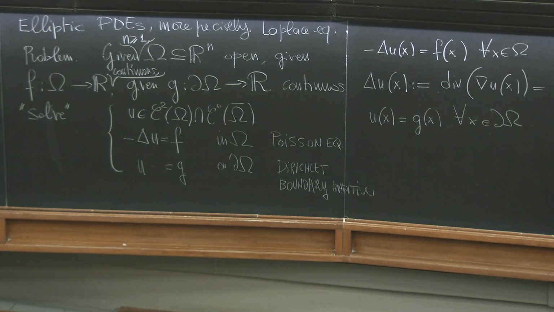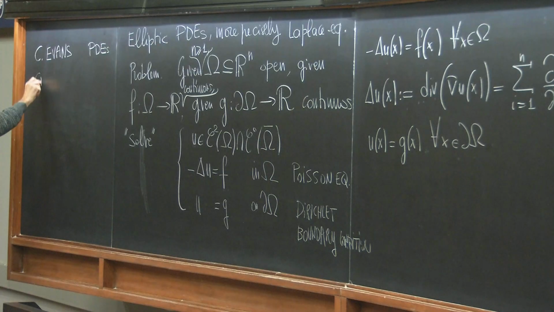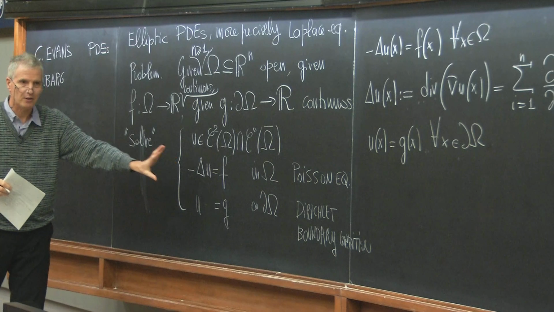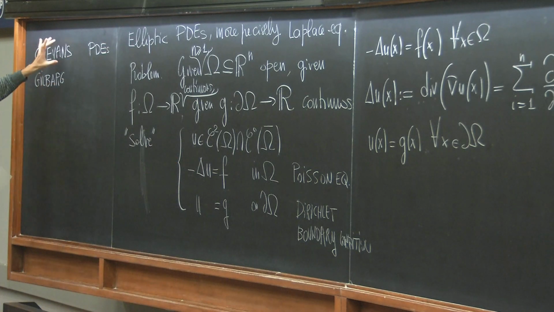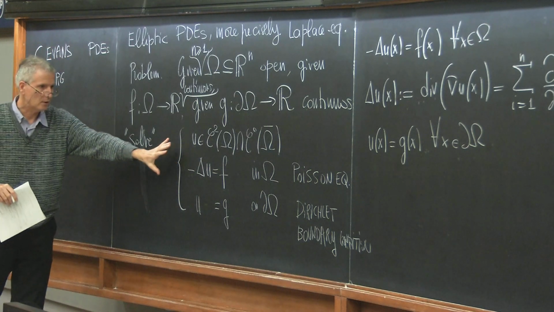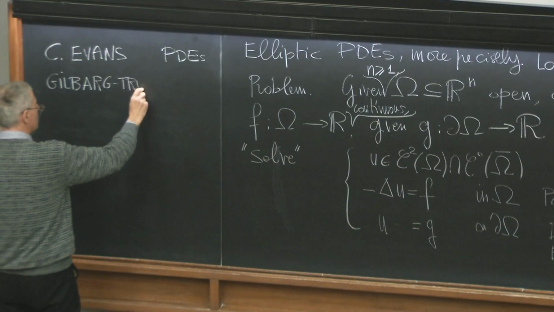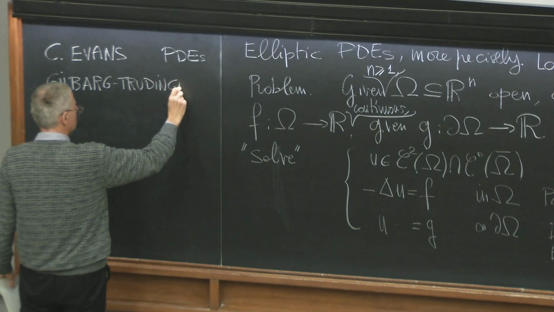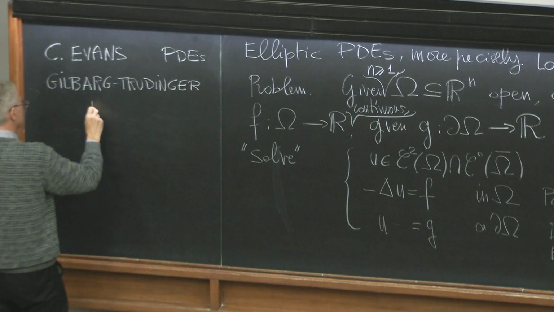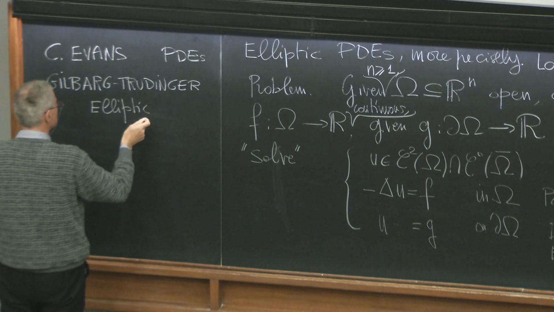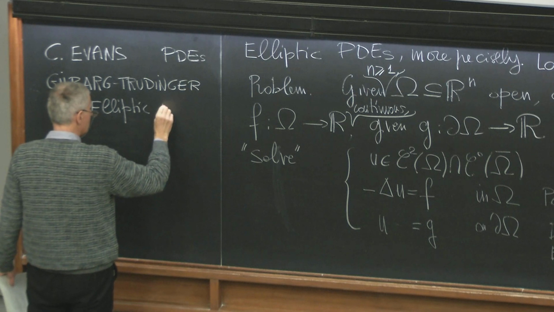Then there is a book by Gilbarg-Trudinger, which is now on elliptic equations. The title, I don't remember precisely, but maybe second order elliptic. It is general, not only interested in elliptic partial differential equations, but a part of this book concerns this problem.